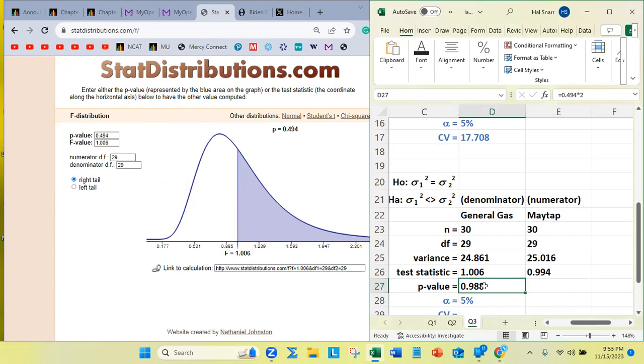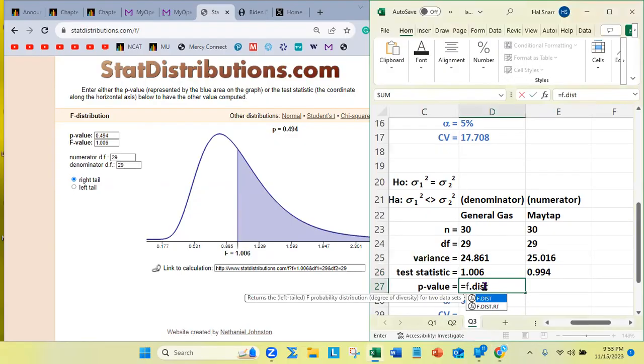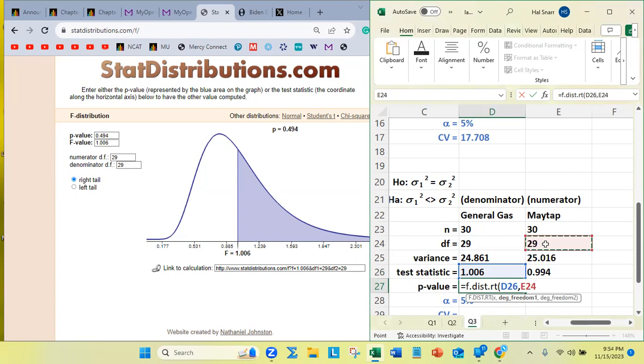So what we want to do is calculate, we're going to use F.DIST, because we always divide the bigger variance by the smaller variance. We want not F.DIST, but F.DIST.RT, right? We're going to click on that value, and then we're going to enter the numerator degrees of freedom. Remember, this is the bigger variance, so this is the numerator degrees of freedom, and this is the denominator degrees of freedom, right?